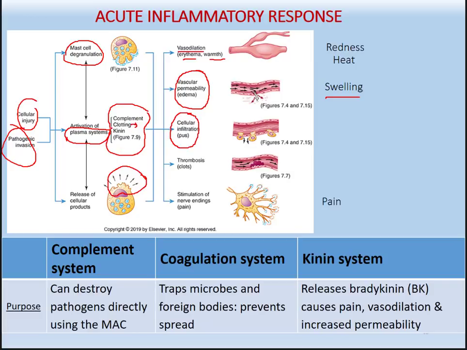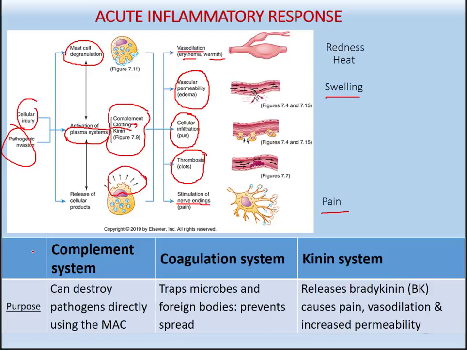The part of this clotting pathway is going to produce clots. And then stimulation of nerve endings, and this is what leads to pain. And remember, we talked about prostaglandins and bradykinins being involved in that production of pain.